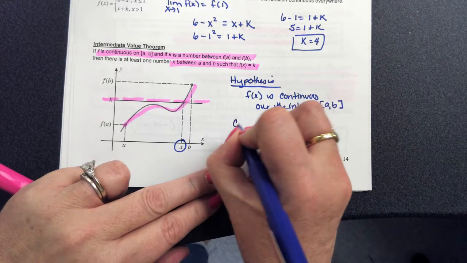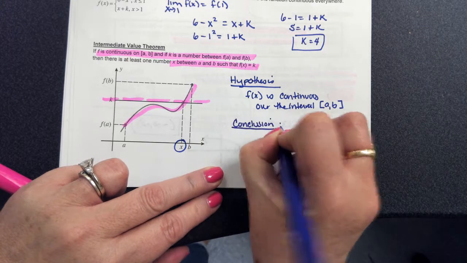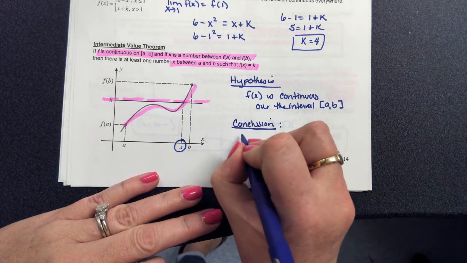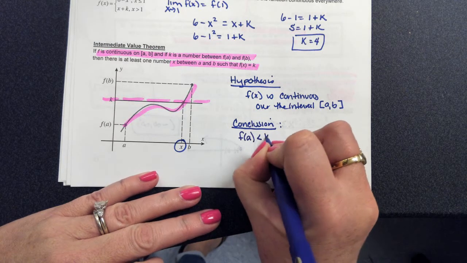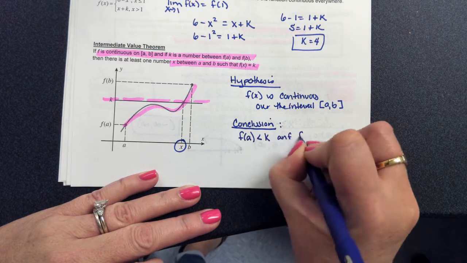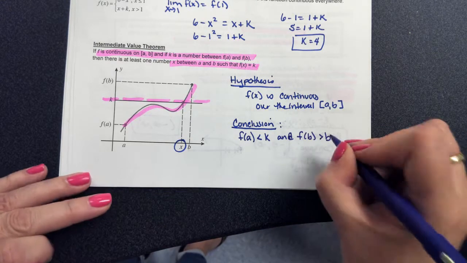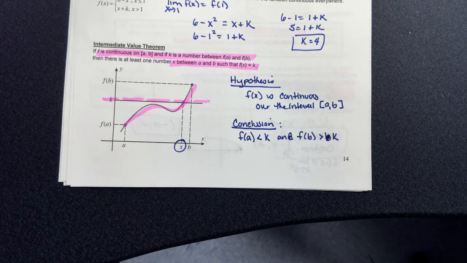And the conclusion is going to have to be that f of a is less than k, and f of b is greater than k. You have to state this inequality.